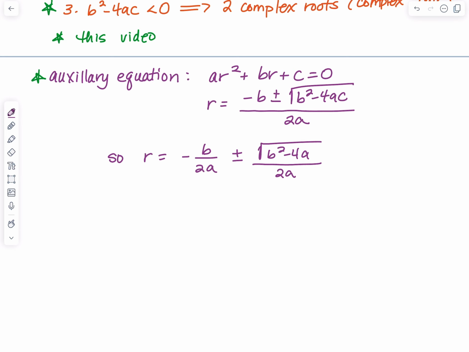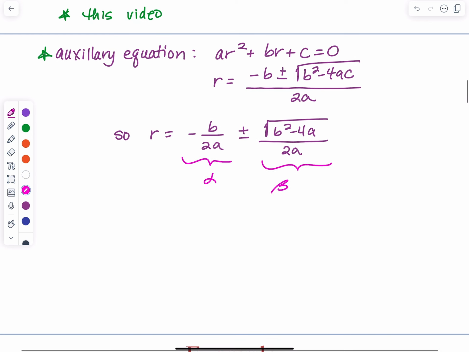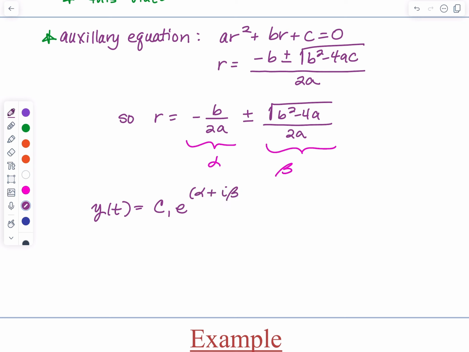Okay, so what do we want to do? Let's go ahead and call this expression alpha and this expression beta. And so what we would have would be a solution that looks like this. y of t is equal to c1 e to the alpha plus i beta.